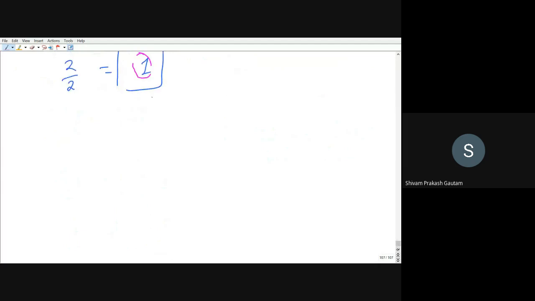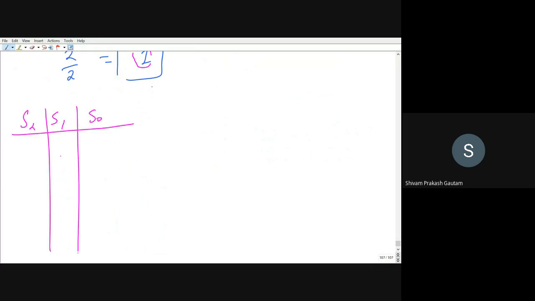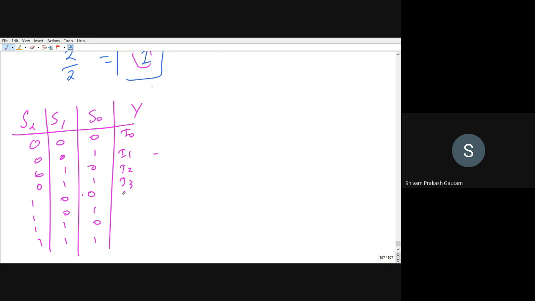If you want to see the truth table, this is S2, S1, and S0 for 8x1 mux, and here it will be output Y. So 0 0 0, 0 0 1, 0 1 0, 0 1 1, 1 0 0, 1 0 1, 1 1 0, 1 1 1. For these cases the output will be I0, I1, I2, I3, I4, I5, I6, and I7. So this is for 8x1 mux.